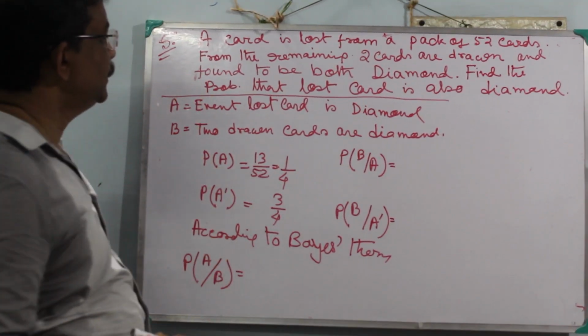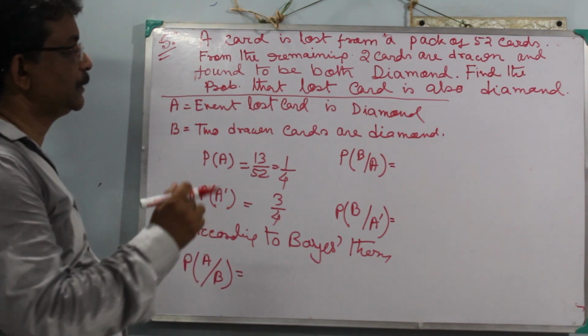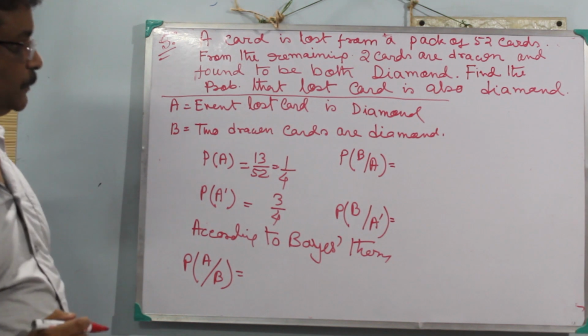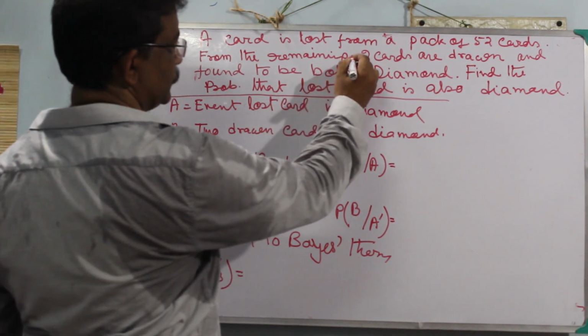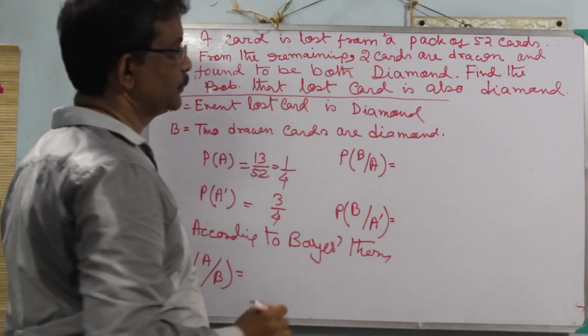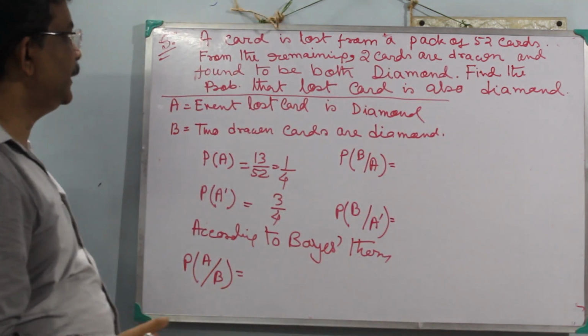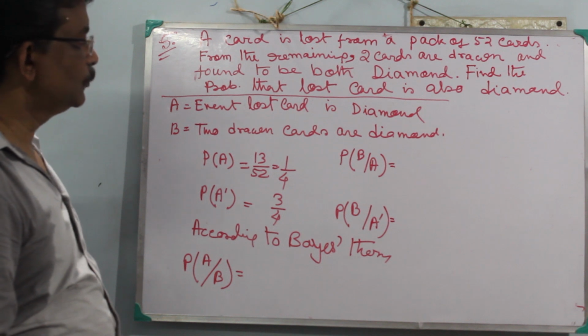Fifth problem. A card is lost. One card is lost from a pack of 52 cards. From the remaining 51 cards, 2 cards are drawn at a time and found to be both diamond.